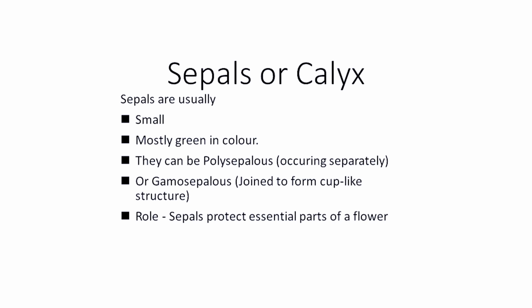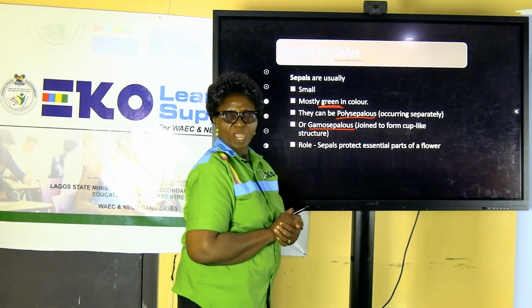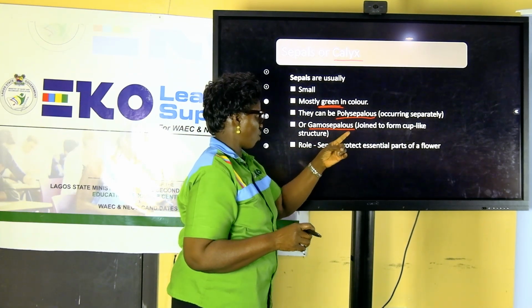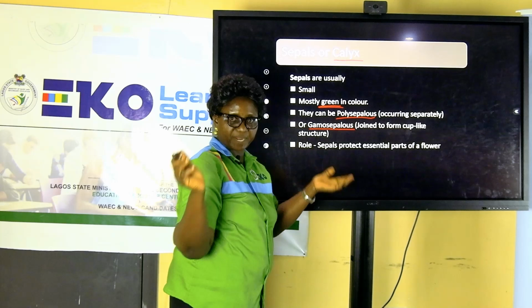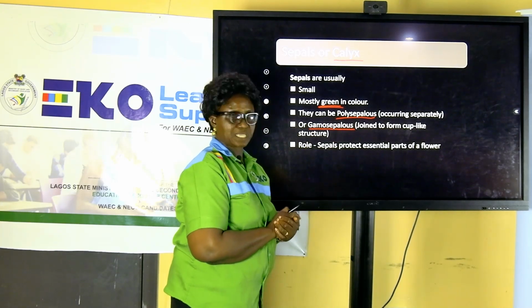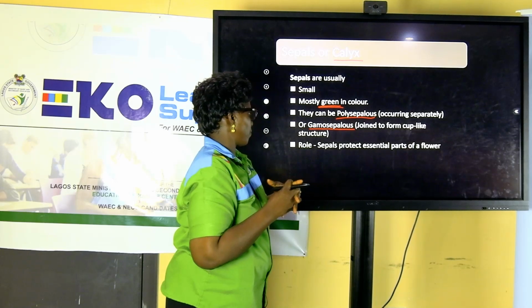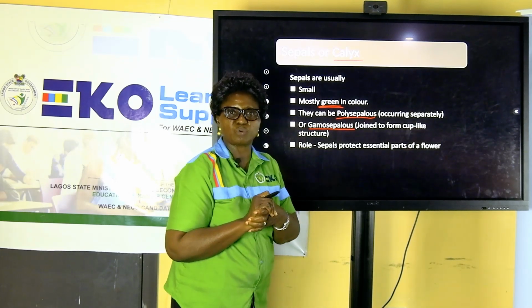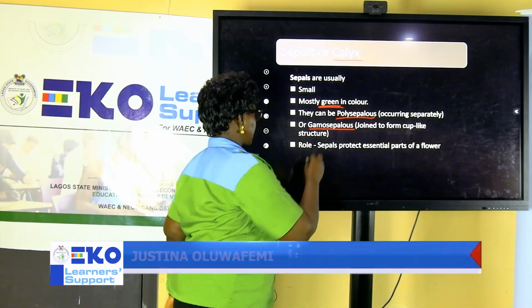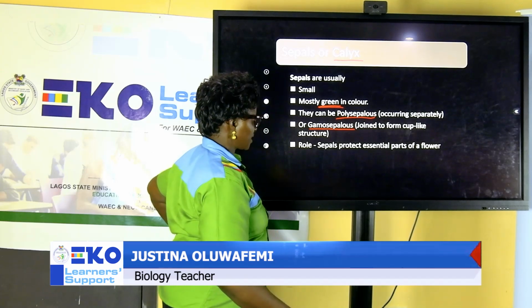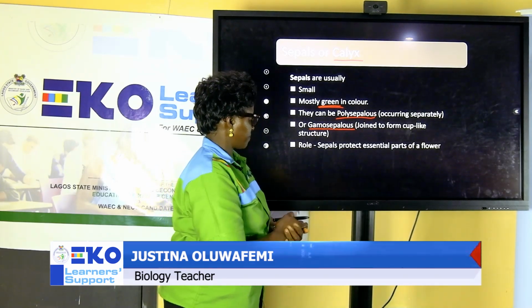We can have them as polysepalous, or as gamosepalous. When the sepals are separate, we call them polysepalous. But when they are joined together to form what looks like a cup, we call them gamosepalous.